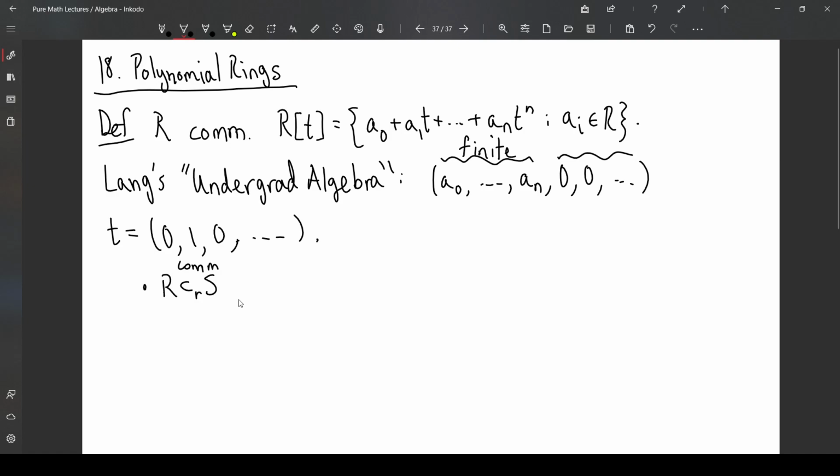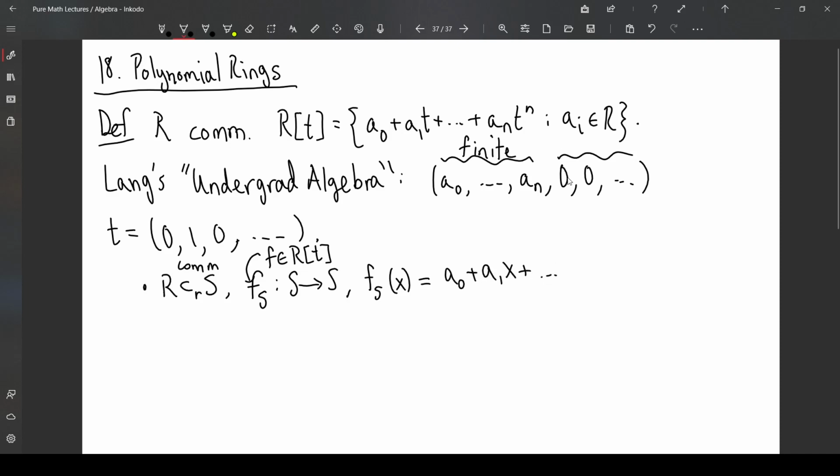If we start with f being a polynomial in R of t, then we get an associated map f sub s from S to S, which is given by essentially plugging in x into the polynomial.